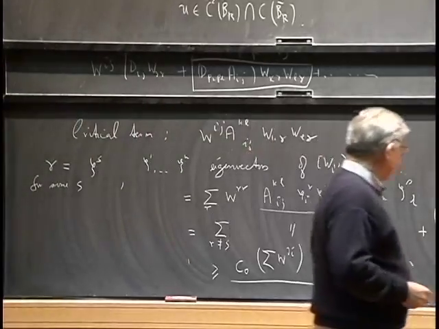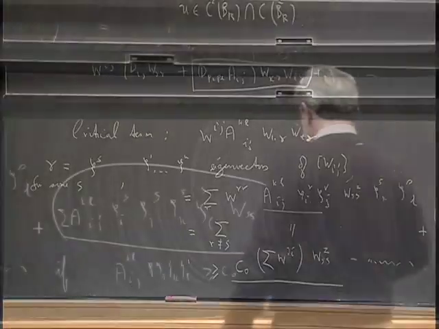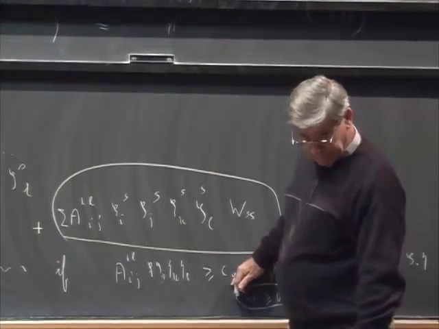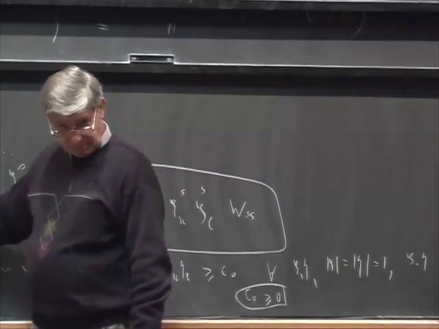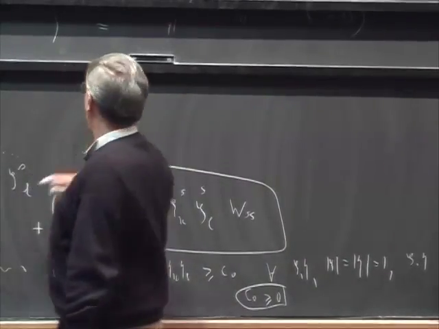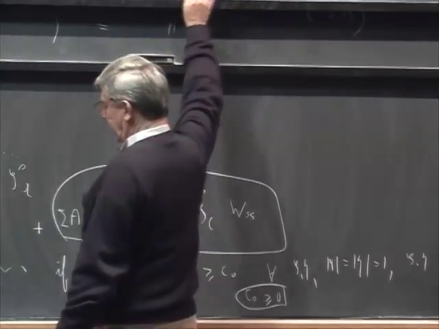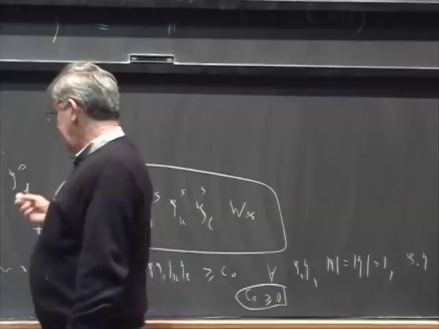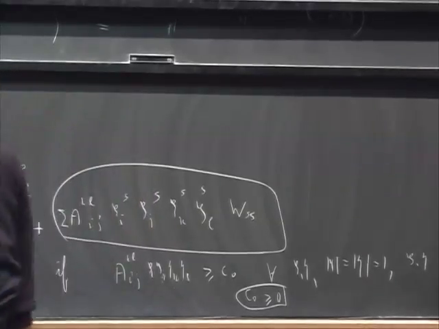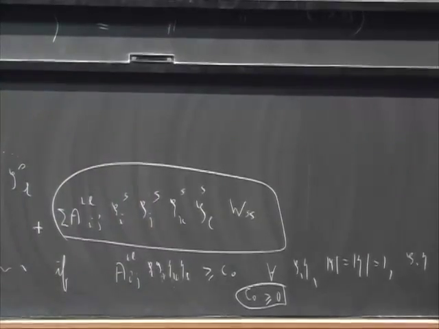Now there's a couple of situations here. If this C0 is positive, this is an extremely strong term. It wipes out quadratic terms on the right-hand side. It wipes out anything that's going to have third derivatives in some sense. It's so strong that you can multiply by a cutoff function.